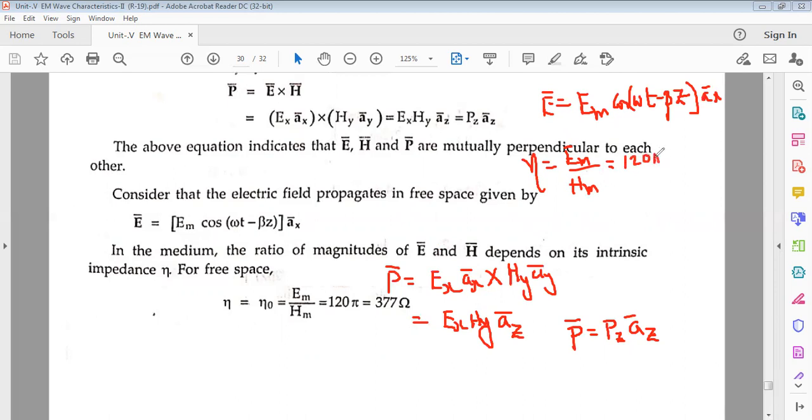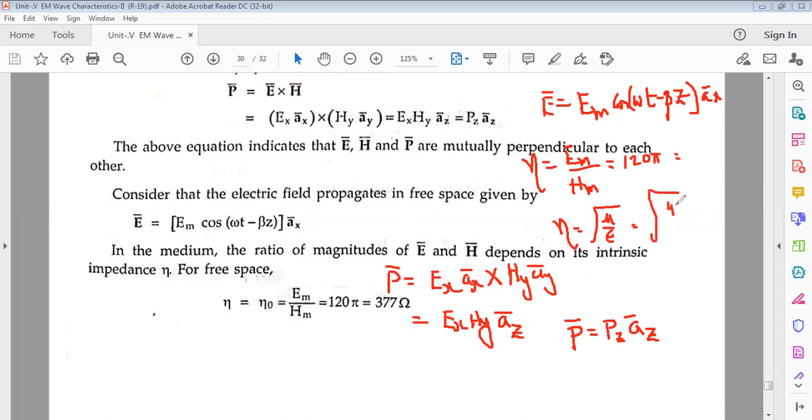So we know the intrinsic impedance, eta is equal to under root of mu by epsilon, where mu naught and epsilon naught. You can substitute the values.